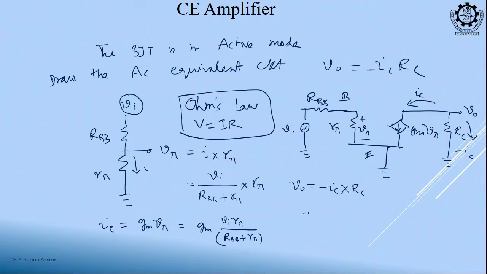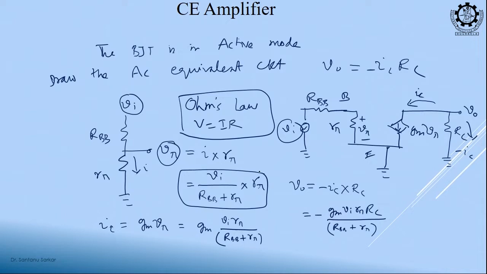Okay. So, what it becomes? Minus Gm Vi R pi RC by RBB plus R pi. You see, now V pi is replaced with Vi, right?